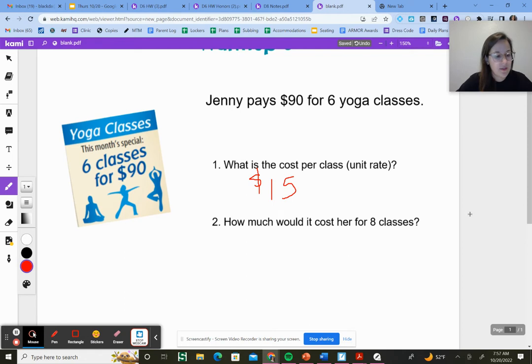And then how much would it cost her for 8 classes? You would just do $15 times 8 classes. That would be $120. All right, so make sure you're keeping up with your blue sheet and put that and your homework back in your math folder.